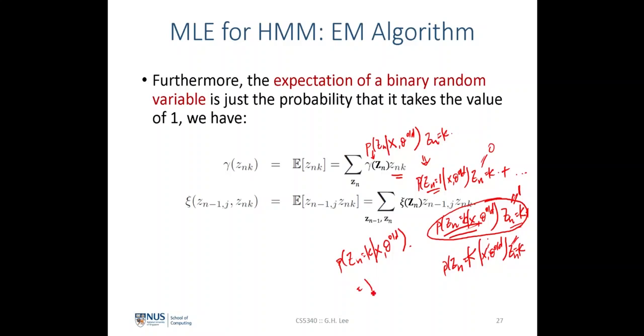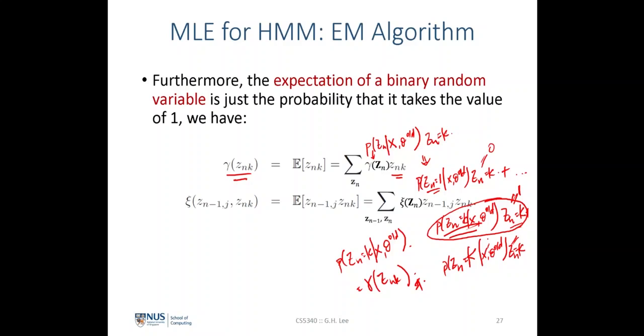Hence this is equivalent to gamma(z_nk), which is our shorthand earlier, and hence the expectation of z_nk, given by this definition, is equivalent to gamma(z_nk).